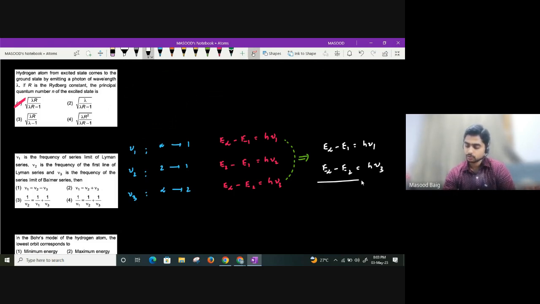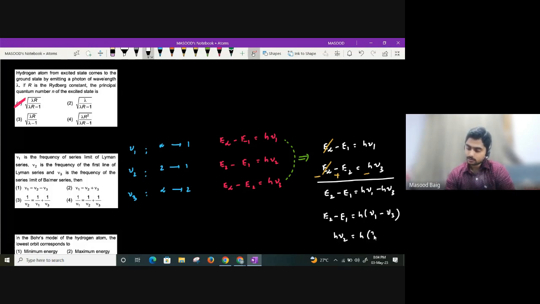If I subtract, E infinity cancels out. I'm left with E2 minus E1 equals h nu1 minus h nu3, so E2 minus E1 is h into nu1 minus nu3. But we already got E2 minus E1 as h nu2. So h nu2 equals h into nu1 minus nu3.